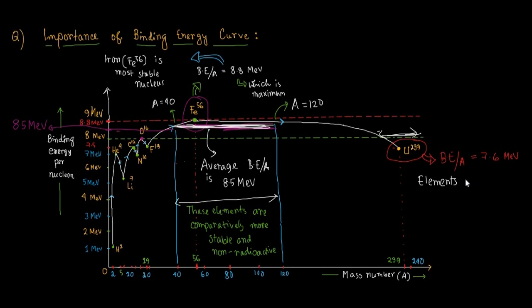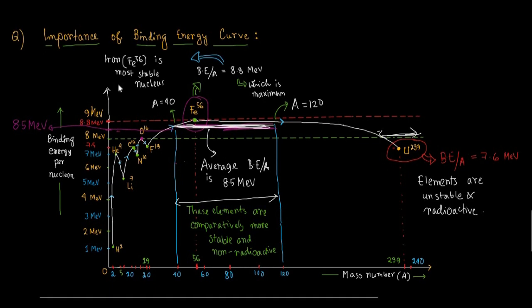We can denote a region in which the binding energy per nucleon is approximately 7.6 MeV, and the elements around uranium 239, which is denoted in the diagram, are unstable and radioactive.